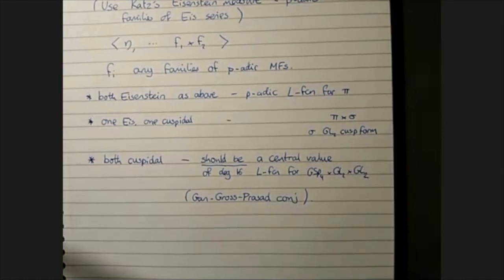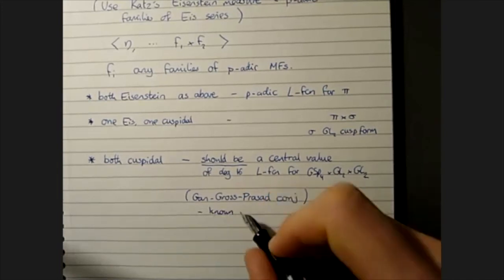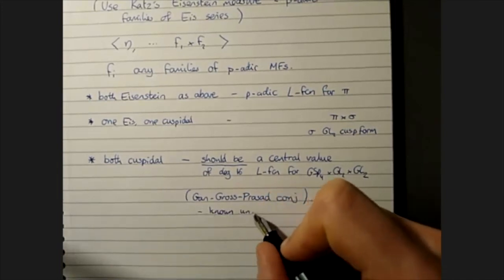And the things you can vary are the weights of the GL2 cusp forms and also one component of the weight for GSp4. So you have some kind of variation in the Hida type family here. And this is known under some hypotheses.